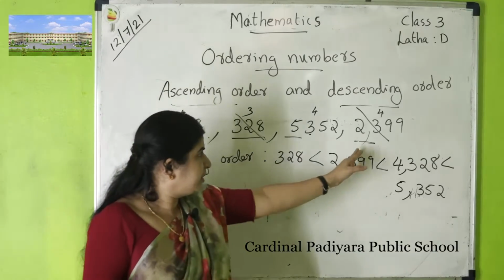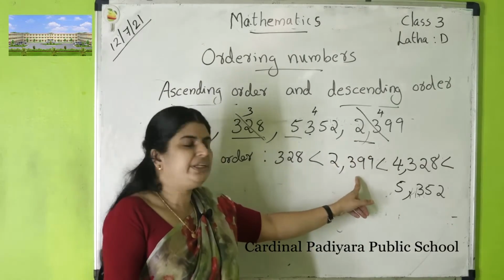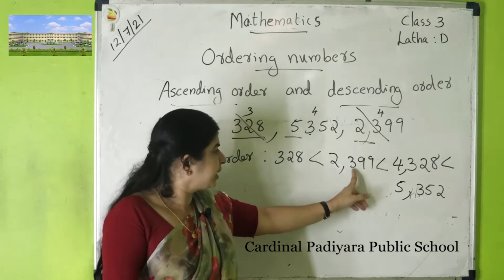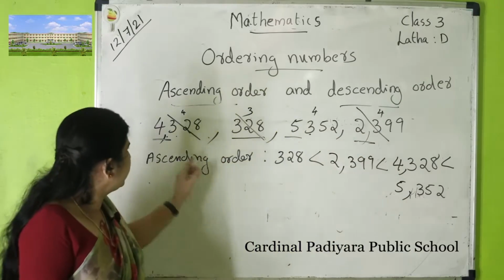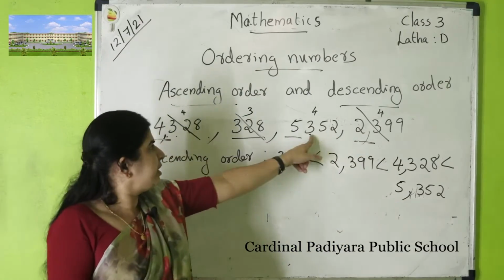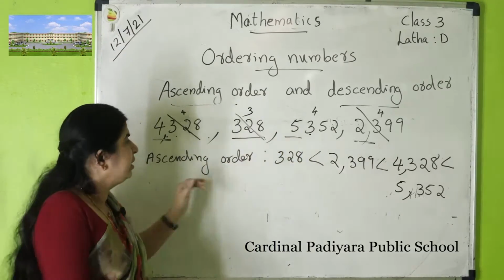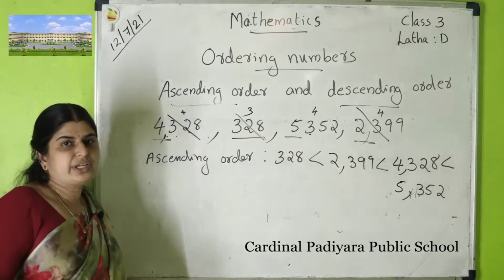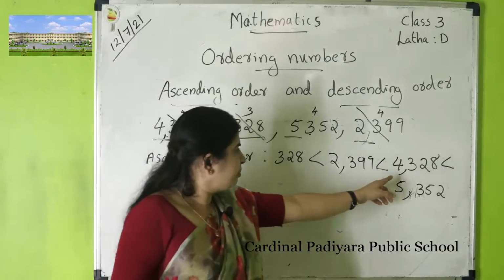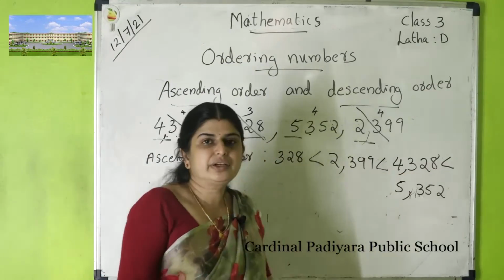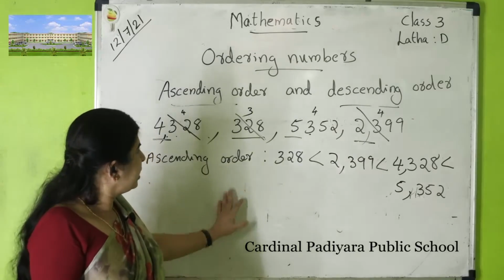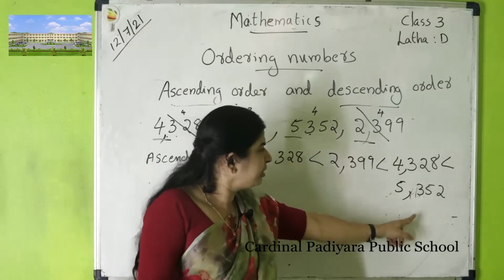Therefore 2399 is the second number. Then for the third number, compare this number and this number, 4 and 5, the leftmost digit. Here 4 is the smaller number. Therefore we write 4328 as the third number, and then last, 5352.